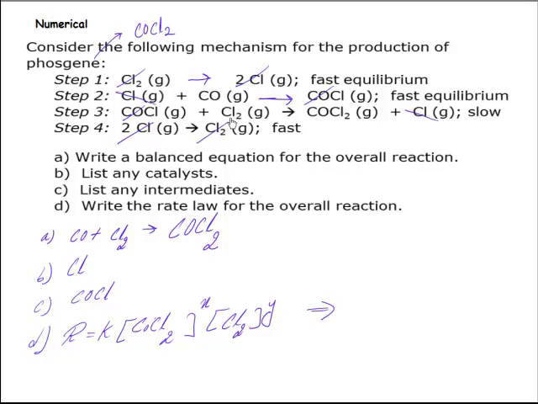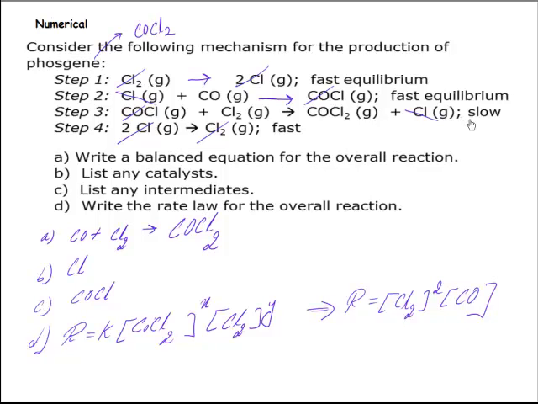In fact, the rate of the reaction can be written as chlorine's concentration raised to 2 into carbon monoxide concentration raised to 1. So the overall order of the reaction is 3. Now I'll explain why I am proposing that the order of the reaction with respect to chlorine is 2.